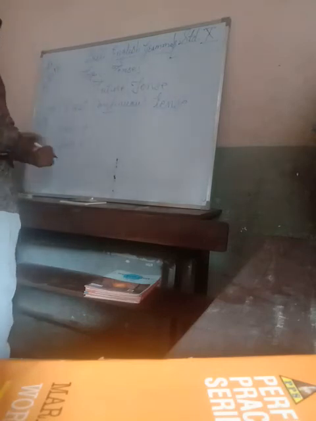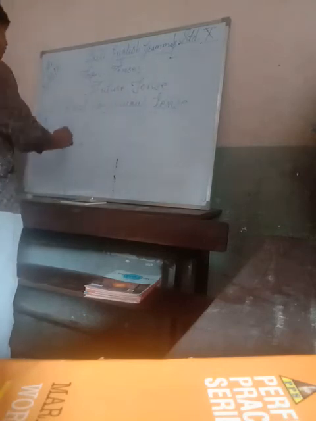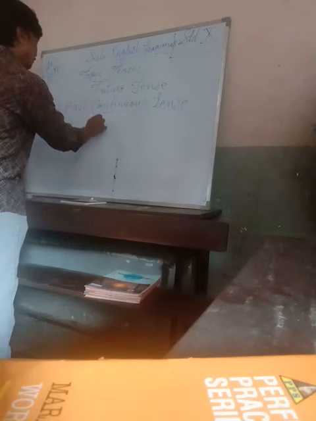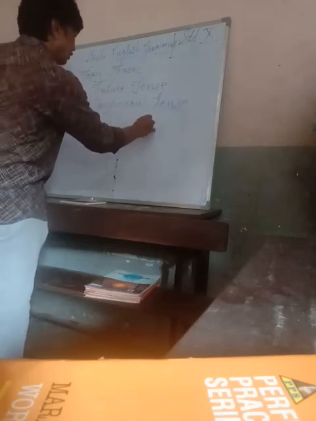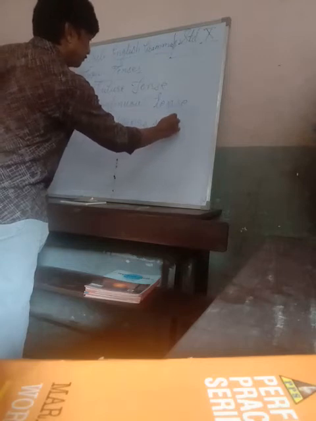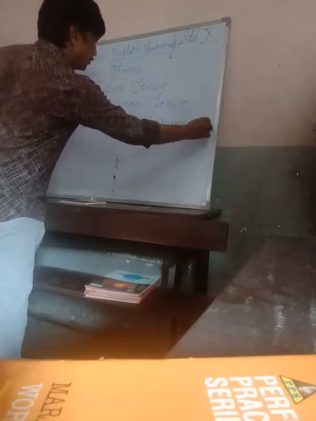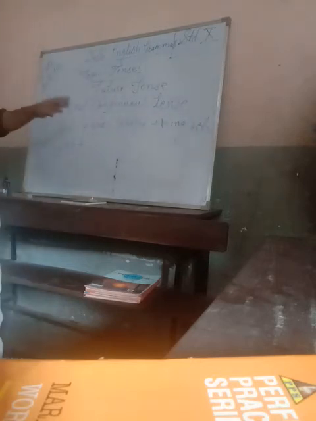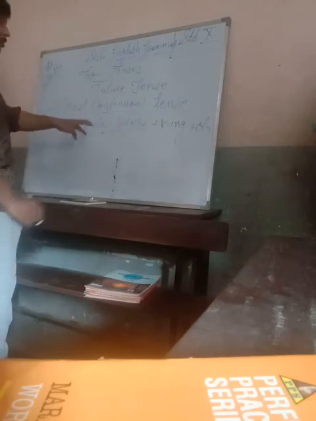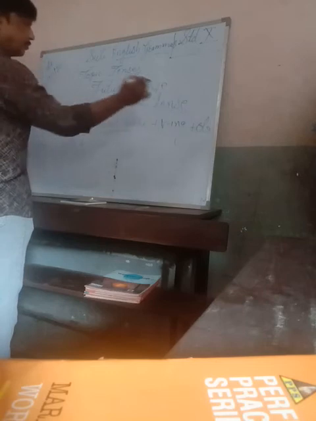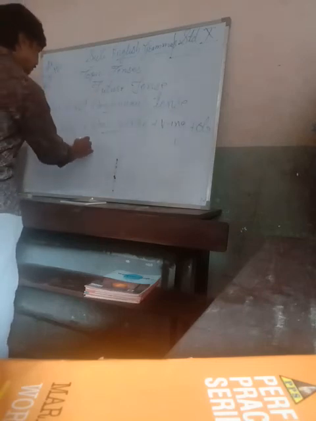Actually, we are dealing with the continuous tense, so the continuous tense formula is like this: was, were plus V-ing plus object. Because we have to show the action going on in the past. So the was, were, to be form will come with V plus ing.